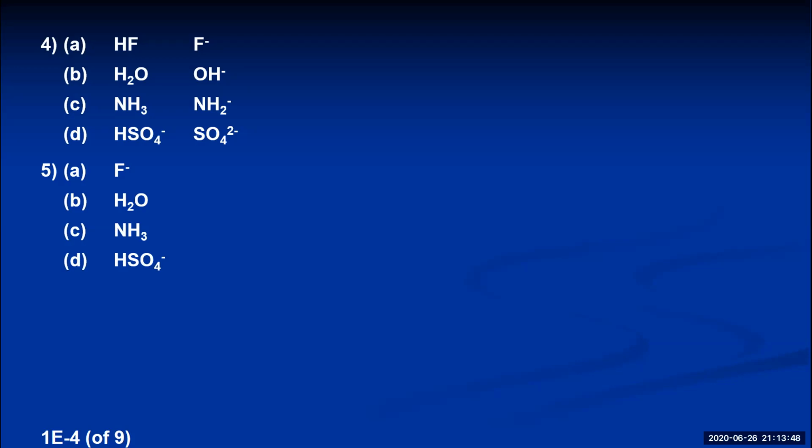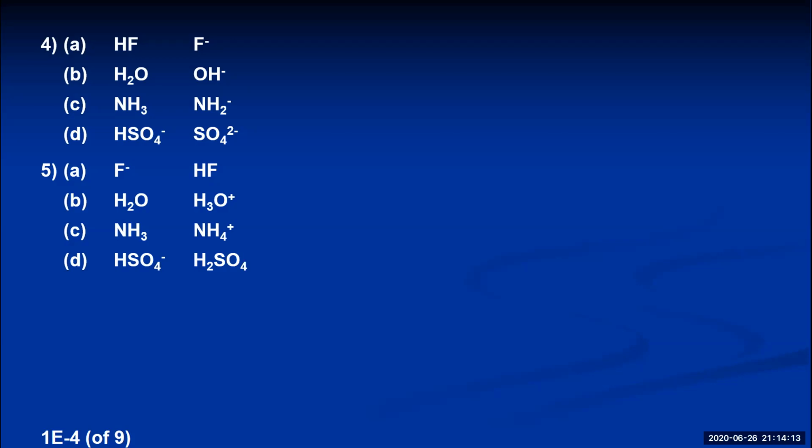If F minus gains a hydrogen ion, it will turn into the conjugate acid HF. If water acts as a base and gains a hydrogen ion, it will turn into H3O positive. If ammonia acts as a base, it'll gain a hydrogen and turn into NH4 positive. And if the bisulfate ion acts as a base, it will gain a hydrogen and turn into H2SO4.